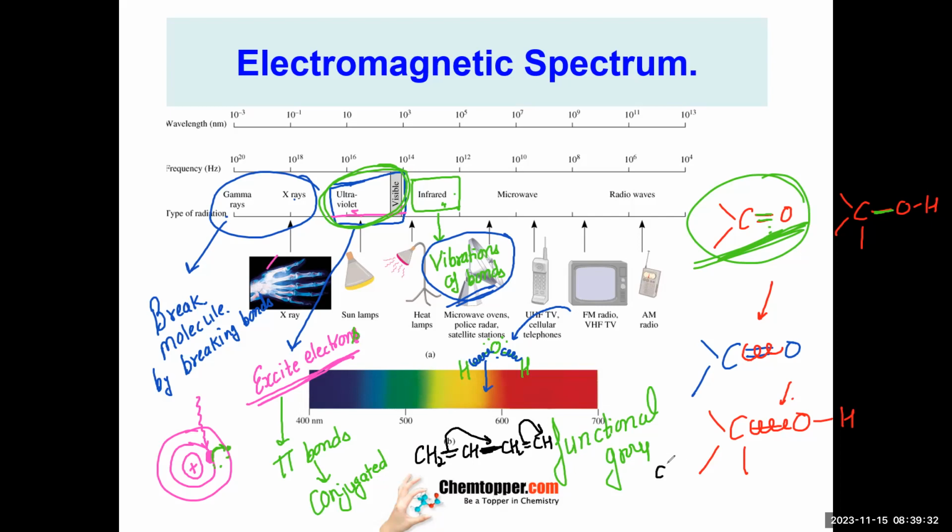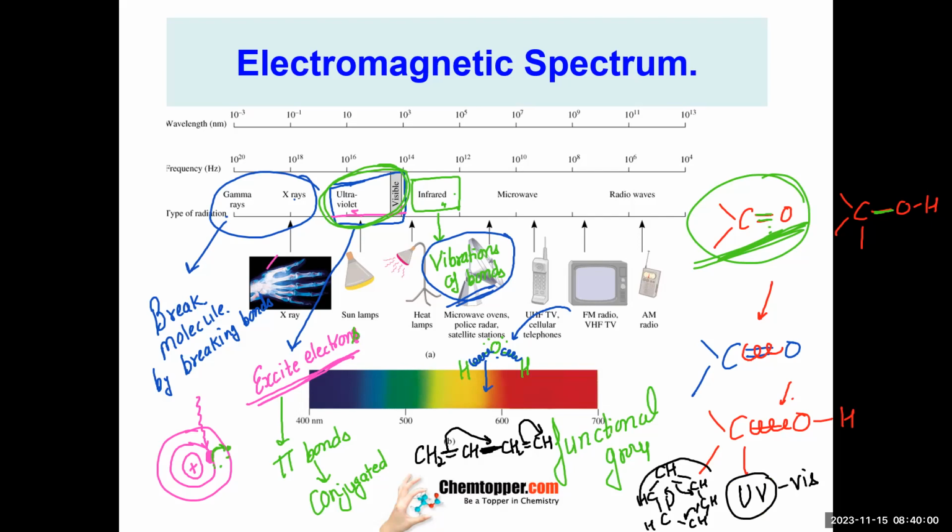Like if I give you this molecule, benzene, which I discussed with you when I was showing you the resonance. When we did the resonance topic, I showed you the resonance in benzene. There is a double bond here, a double bond here. The pi bonds are moving like this. And for the movement of these pi bonds, we need UV and visible light.